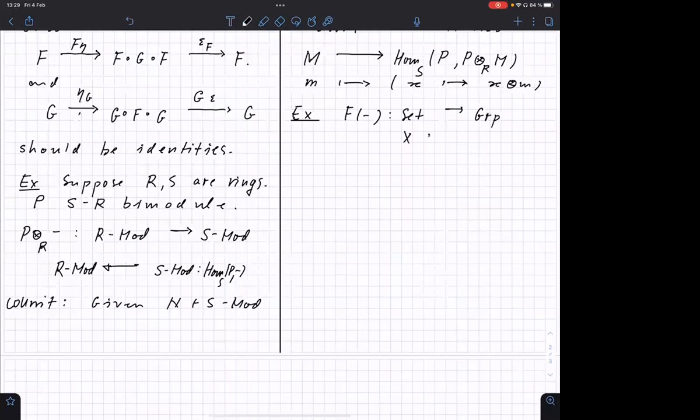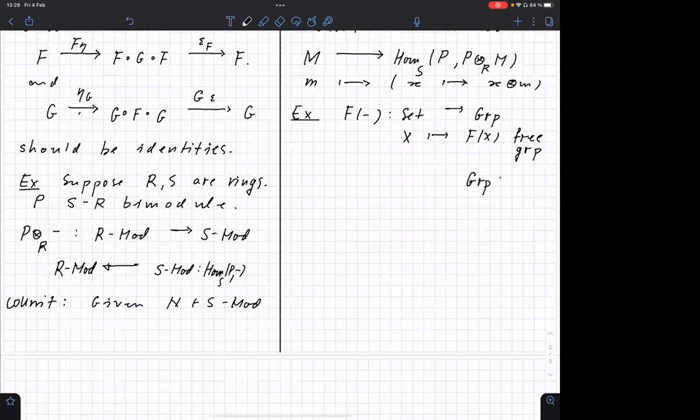A set X goes to F of X, the free group on X. And given a group, I can forget that it's a group. I can forget the multiplication, the unit, and how to take inverses. So a group gamma goes to the underlying set, gamma, as a set.